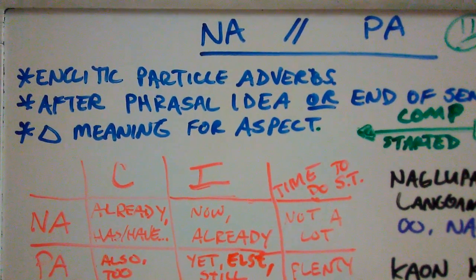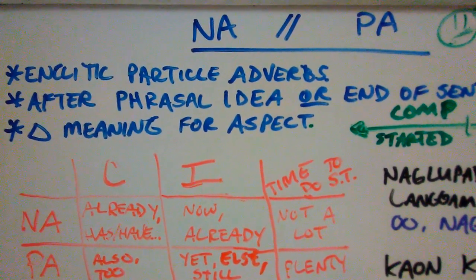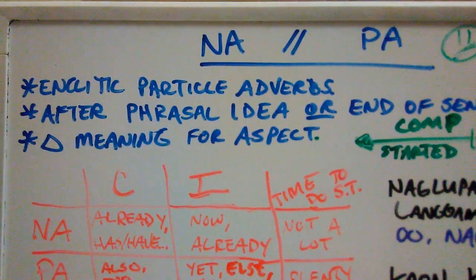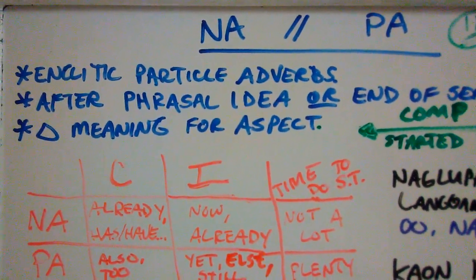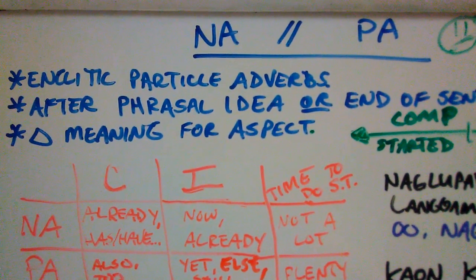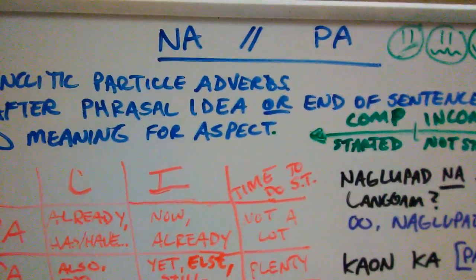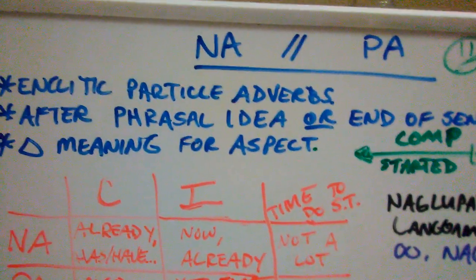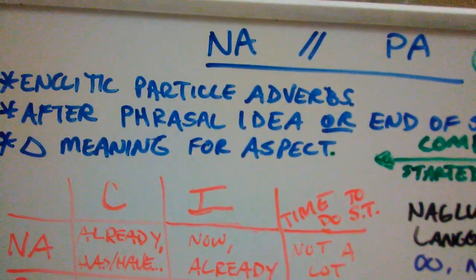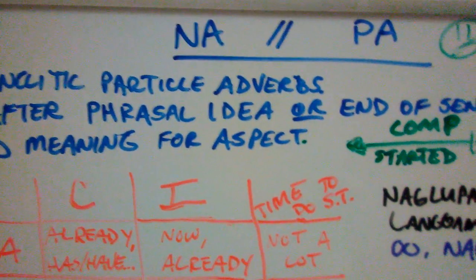Adverbs are words that modify verbs and alter the meanings of verbs in ways. They're placed after phrasal ideas or at the end of sentences. You'll see through the examples that I have.